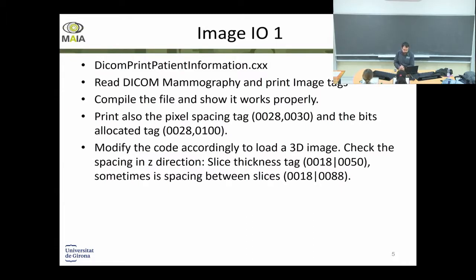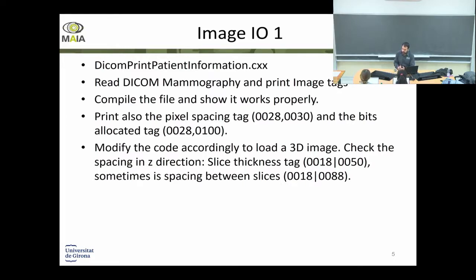No? So the first exercise, and I want now that it's going to be probably more participative, these lectures, compared especially from yesterday. I'll go around, and if you have any problems, it's turning more in a lab session than in like a tutorial, okay? So the idea is that you take the DICOM print patient information CXX, you first obviously open the file, trying to understand what it's doing, okay?